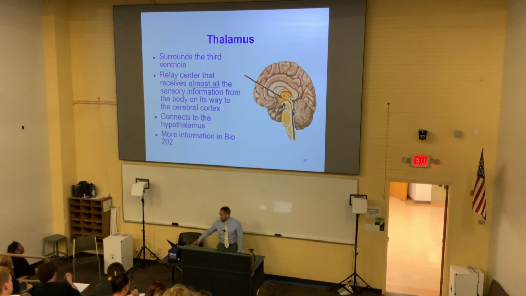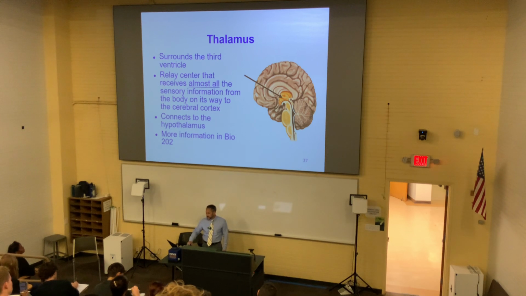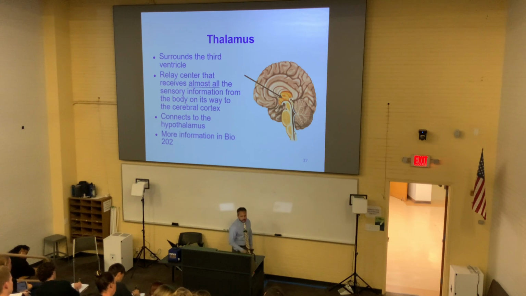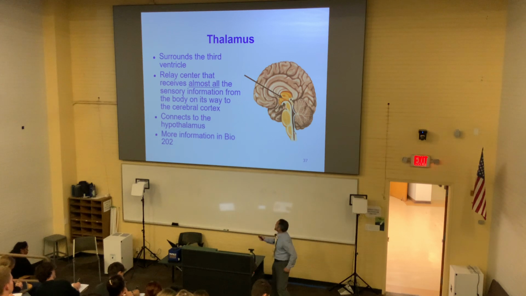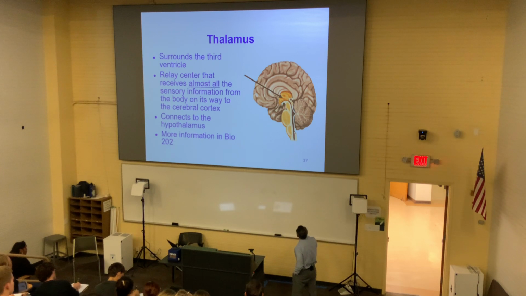The thalamus is a relay center. The thalamus serves as a monster relay center for the brain, and it's really important because it brings information all the way up from the body on its way to the cerebral cortex. The medulla is down at the level of the brainstem, so we'll talk about it later.